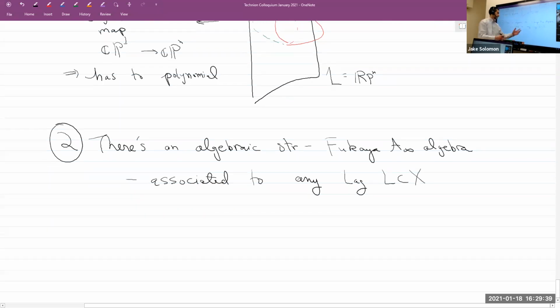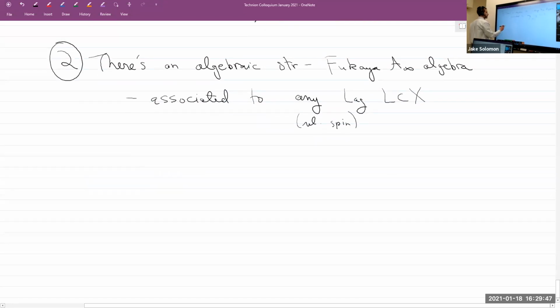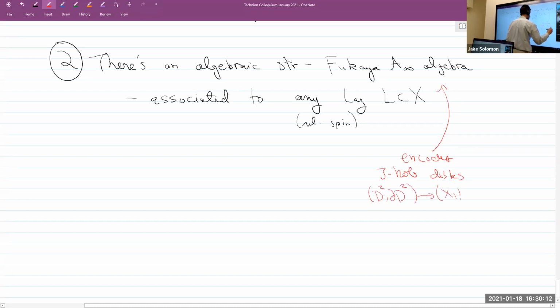It has to be sufficiently nice, maybe relatively spin, etc. Once you have this Fukaya A-infinity algebra, its job is essentially to encode the structure of J-holomorphic disks, which are exactly these invariants.